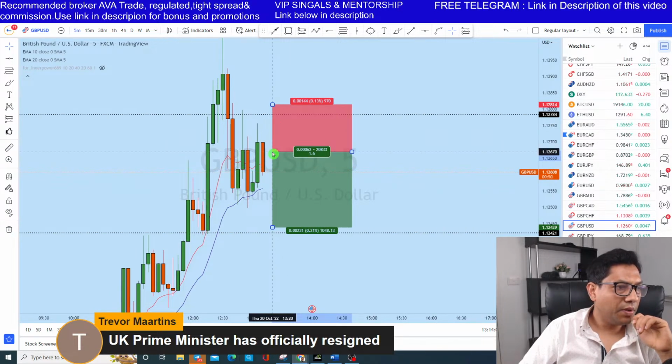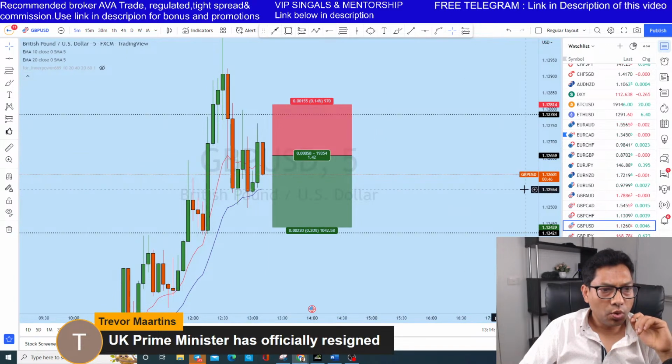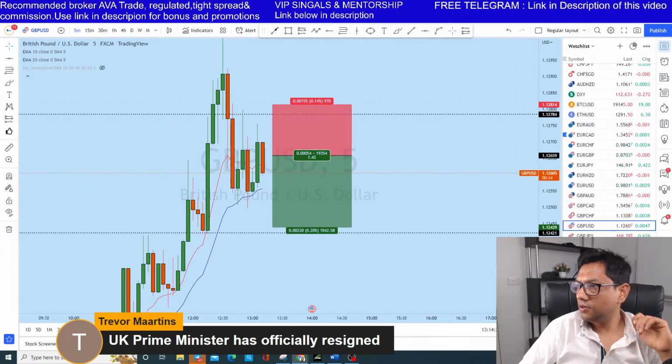So this is the 5 minute chart. I will use a pending order at 1.12659. So this is my entry, and this is my stop loss, which is 1.145.